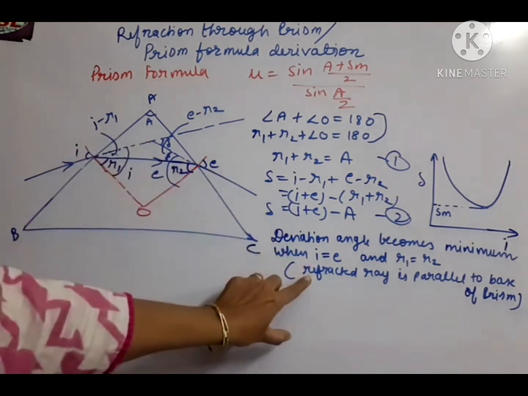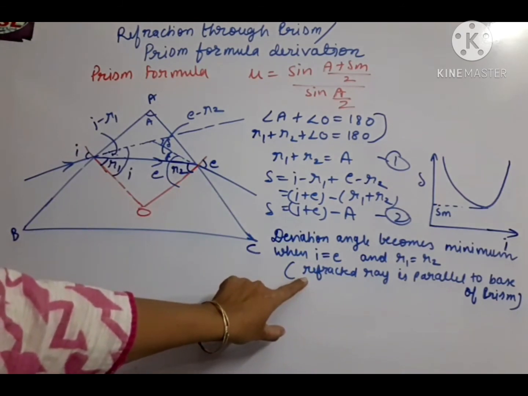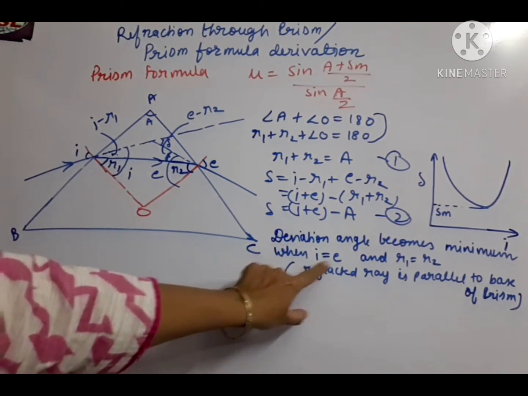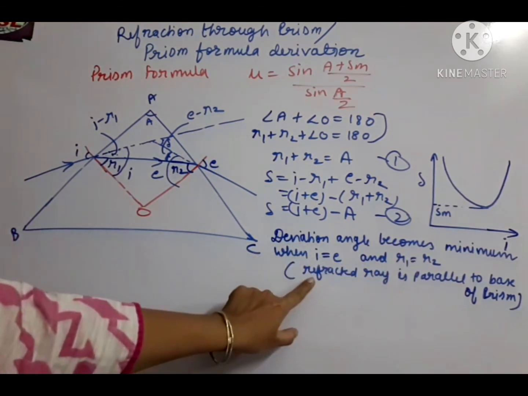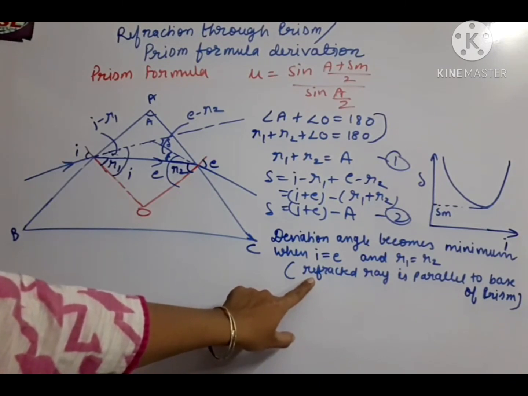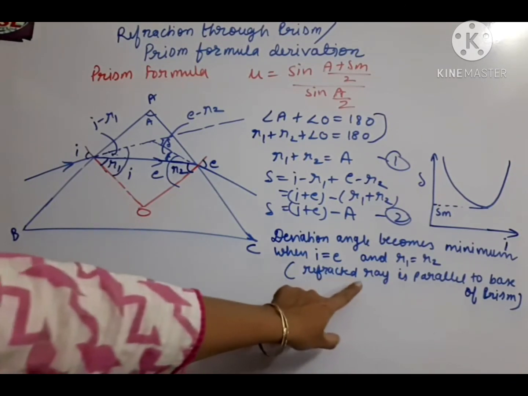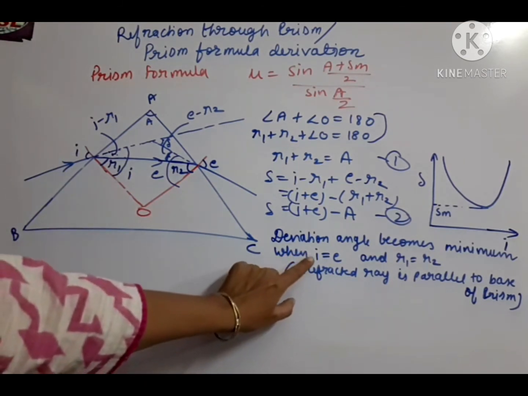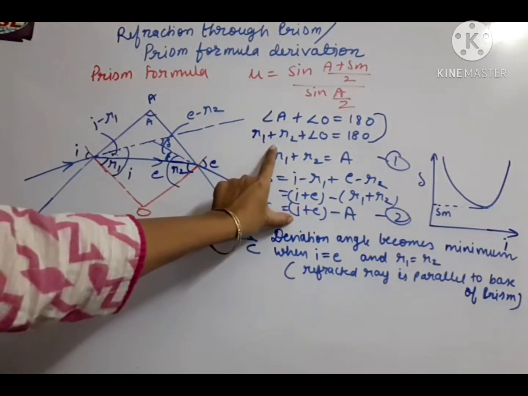So we have to remember all the ways in which the minimum deviation condition could be given: first, I equals E and R1 equals R2, and second, that the refracted ray and base of the prism are parallel. Now we will apply these conditions in equations 1 and 2.